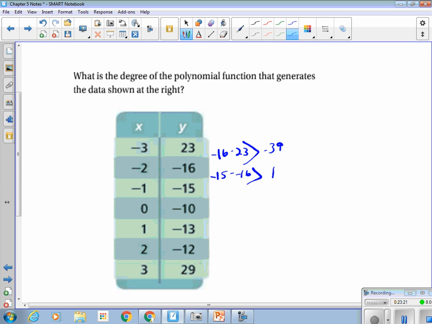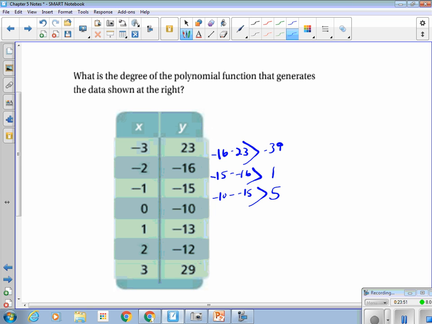Then between -15 and -10, so you just go the one before. -10 minus -15. So we're just finding the difference between each one of these. -10 minus -15 is -10 plus 15, which is 5.